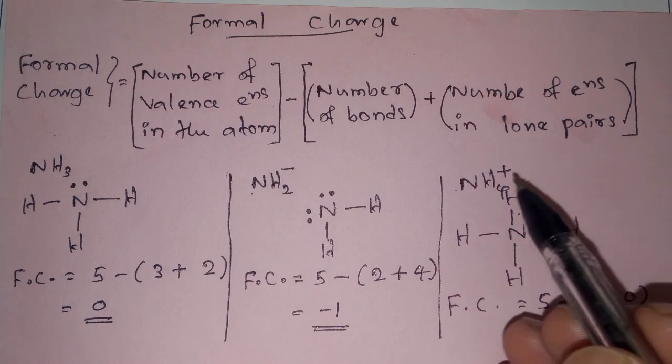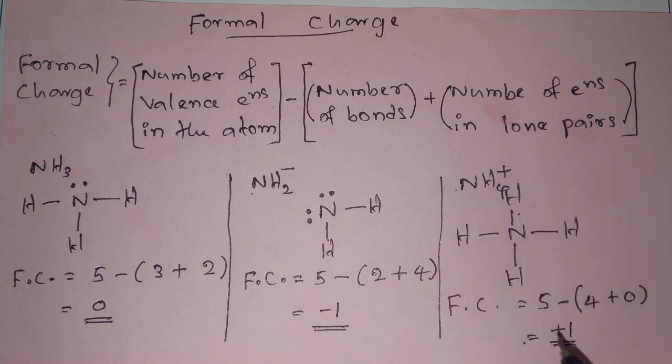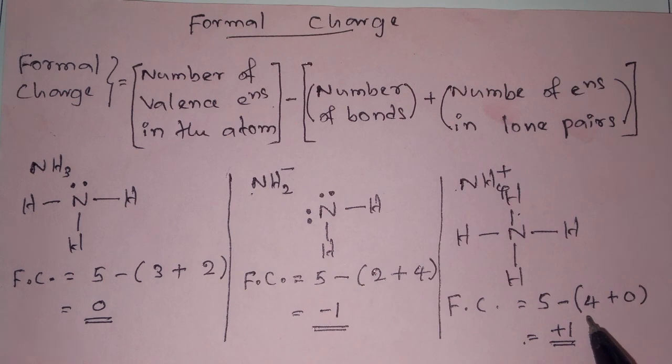And when we consider a positive ion, the sum of all the formal charges should equal the positive charge of the ion. And this is about the formal charge and the method of calculating formal charge.